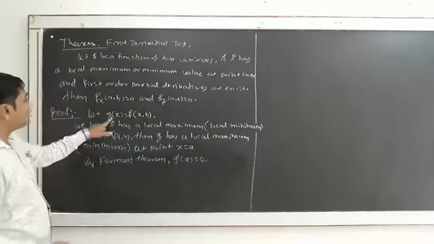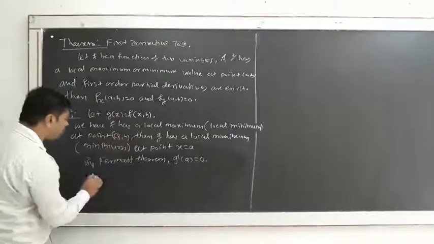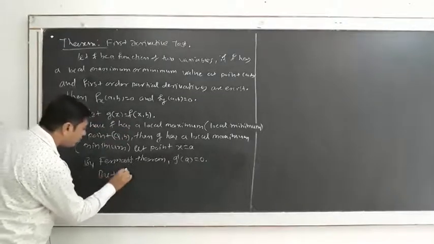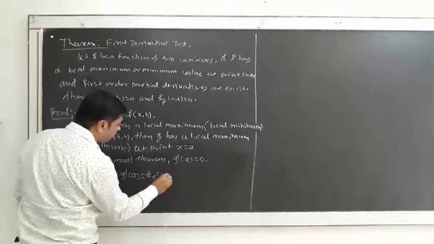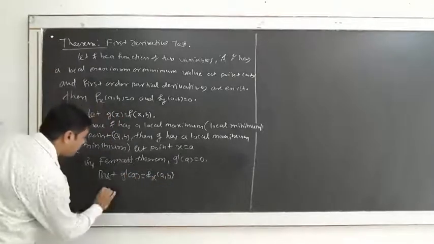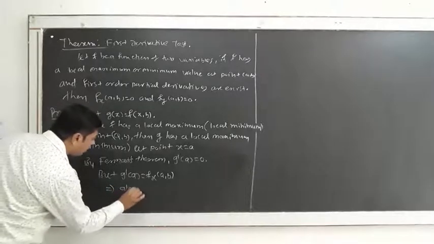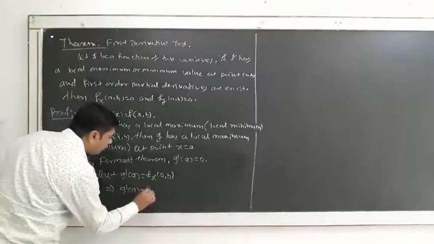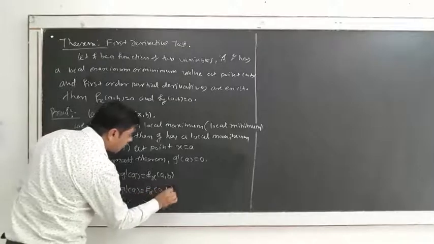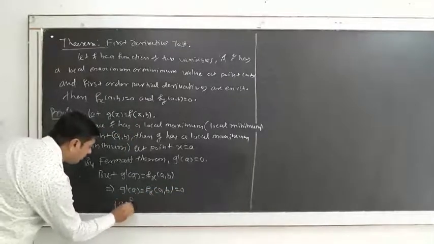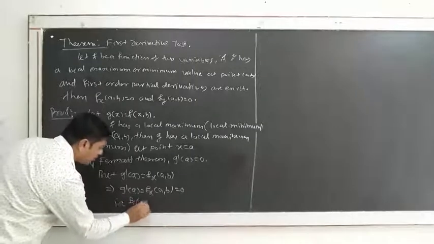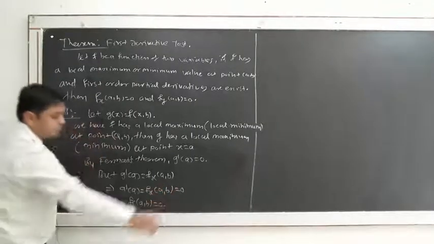But the derivative g' is nothing but fx, so g'(a) is equal to fx(a,b), and this implies that fx(a,b) is equal to 0.